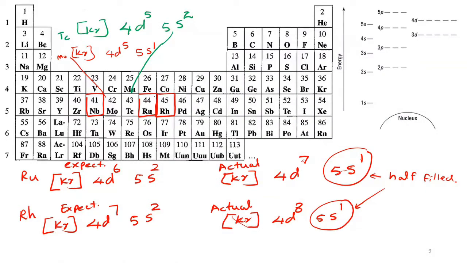The syllabus does not strongly highlight these exceptions, but there is one element they want to see your understanding in terms of the exceptions in the Aufbau principle, and that would be palladium.